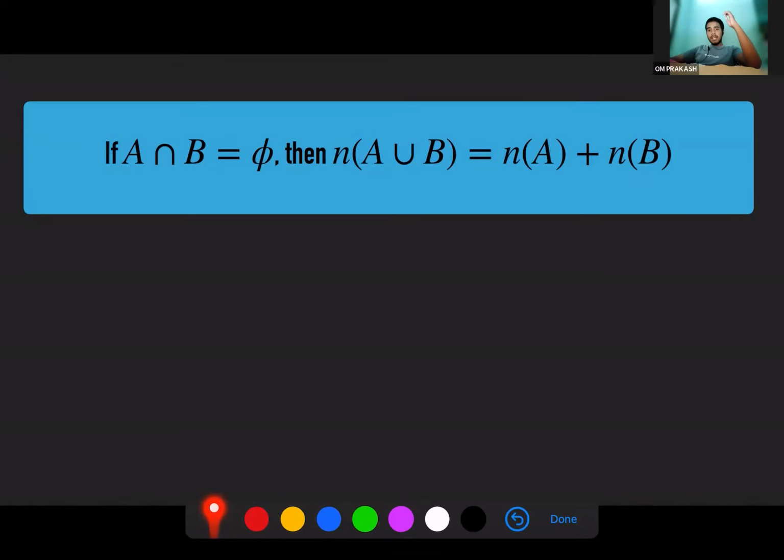It represents elements of that set A as well. Okay, you're able to recall what N of A is? No, sir. Superset. Oh, okay. I will give you some more time.